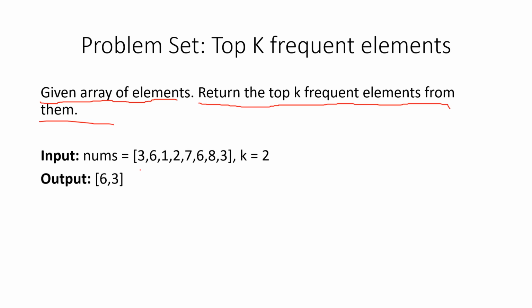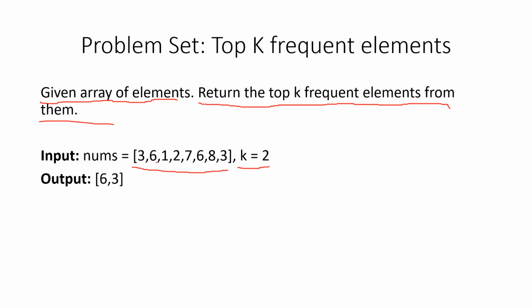But the problem is that you need to count the repetition of the numbers. The element which has the highest number of repetitions has higher priority. So we have these numbers, and we need to return the top k frequent elements. So top k, so two most repeated numbers.